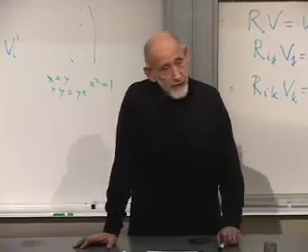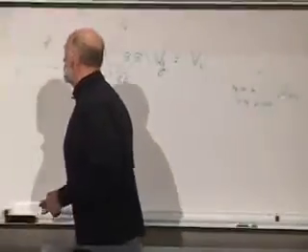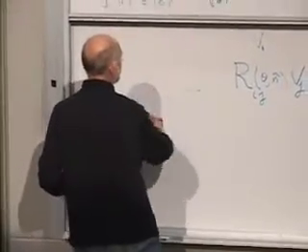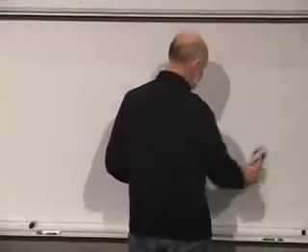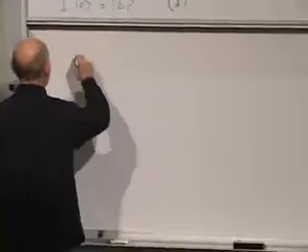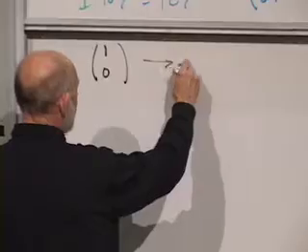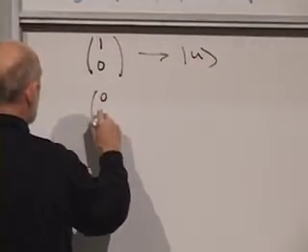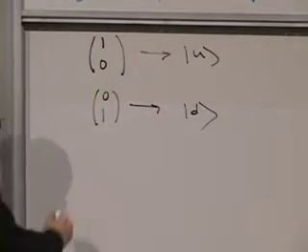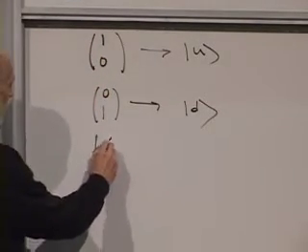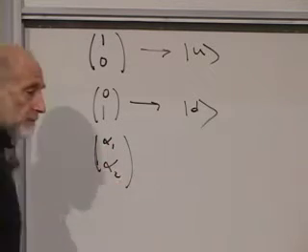Now, given a state of the spin 1/2 particle, what does it mean to be given a state? It means one, 0, that's to be identified with up, and 0, 1 is to be identified with down, and a general quantum state has a complex number here, let's call it alpha 1 and alpha 2. 2 complex numbers.